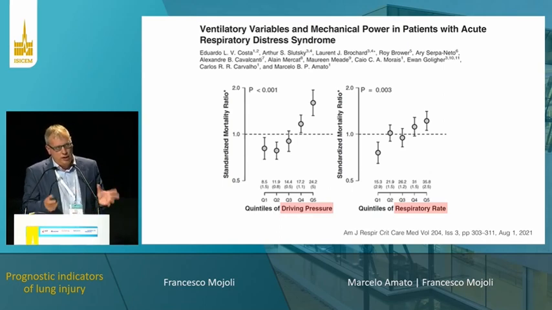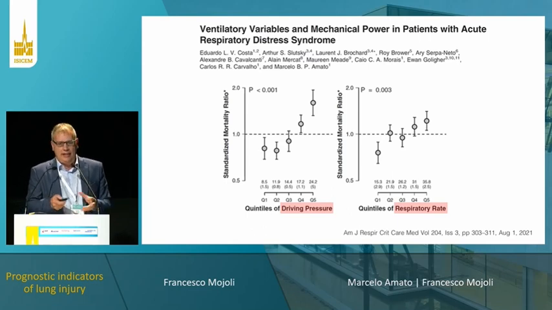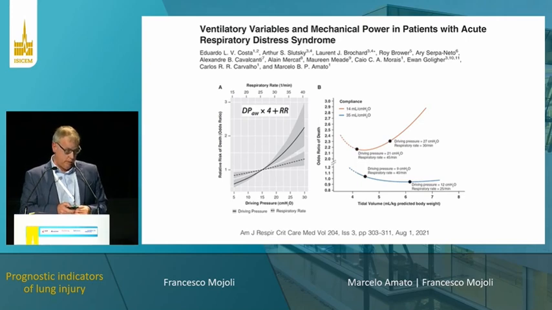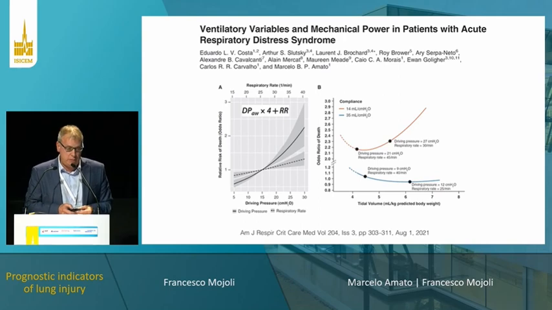We have to consider that this finding could be influenced by the data that generated it. So it's a statistical analysis. Anyway, the two factors affecting the risk of death in this data set also have a different weight. So driving pressure was more important than the respiratory rate.